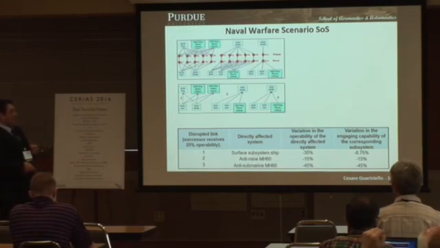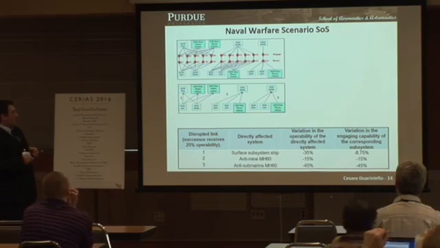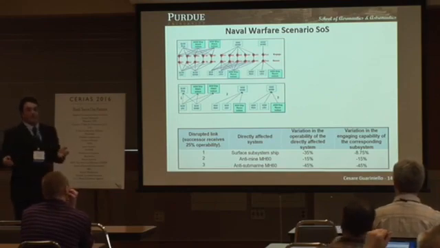And again, I look at the secondary effect, so how much the directly affected system lost in capability, but also watch the variation in the capability of engaging the enemy. So if I have a failure in link number 1, the ship of my surface warfare group lost 35% of its capability. But since it was embedded in this group, in the end, I lost only 8.75% capability of engaging the enemies on the surface.